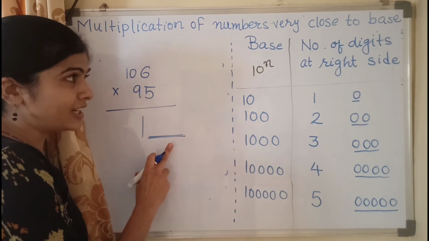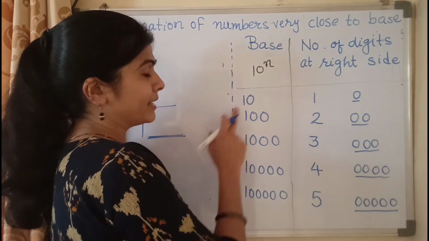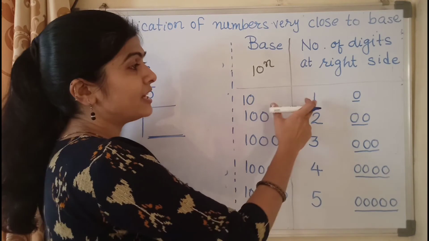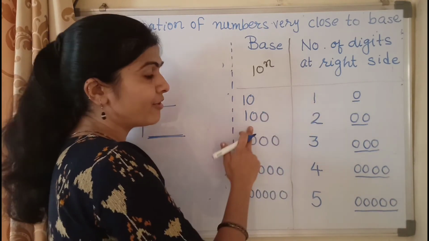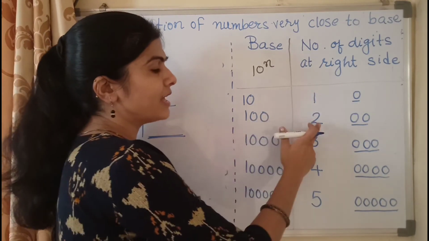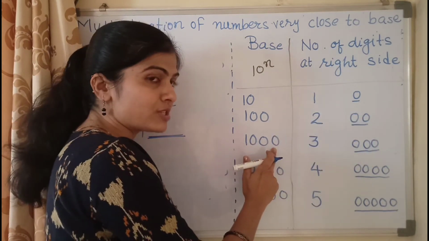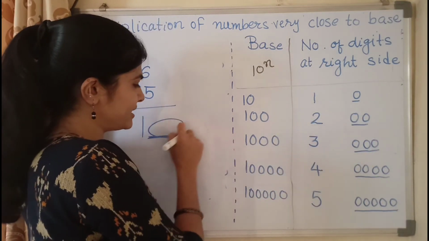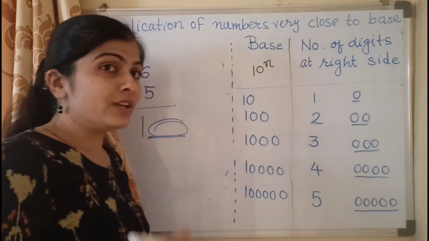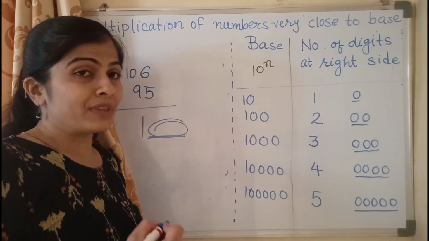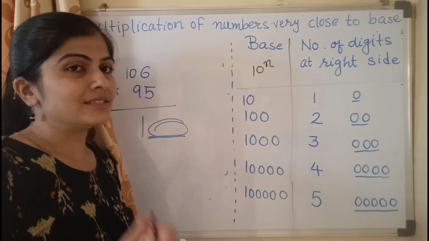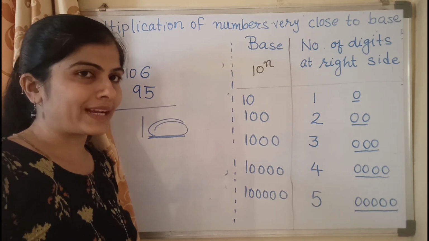So how many digits should be there? If the base is 10, there should be one digit. If the base is 100, there should be two digits because there are two zeros. If the base is 1000, then there should be three digits over here. That will become clearer as we consider some examples and you practice.